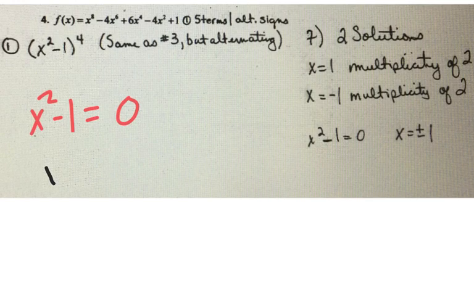So that leaves me with x squared equals 1. So x equals plus or minus 1. Yeah. They're wrong. These each have a multiplicity of 4, not 2. That has to be.